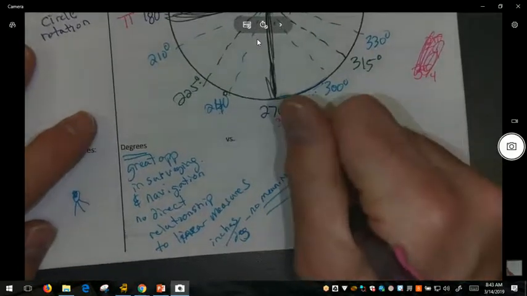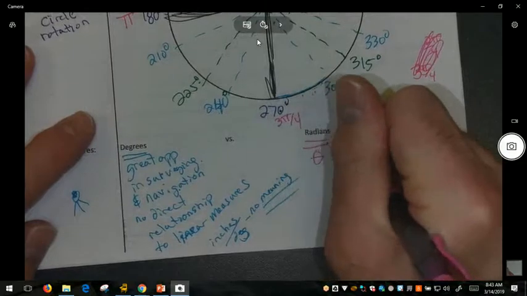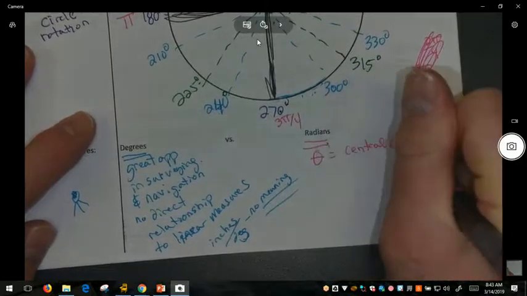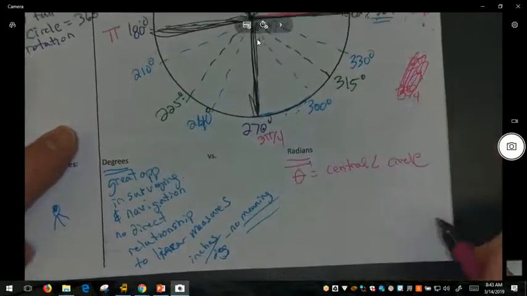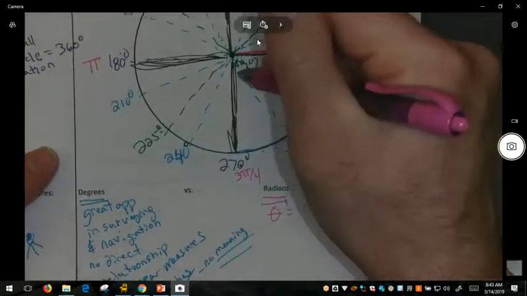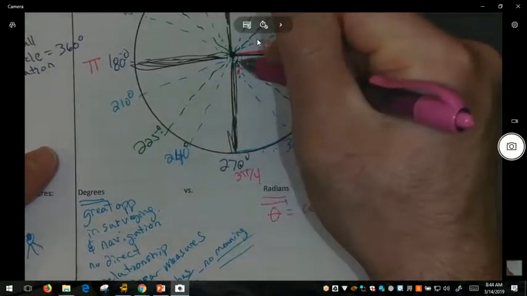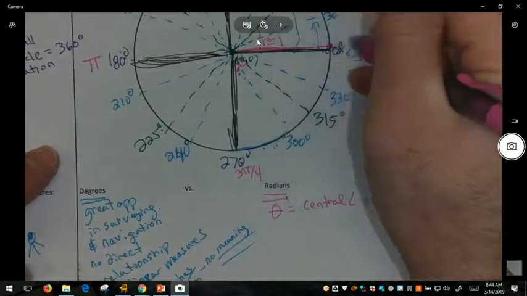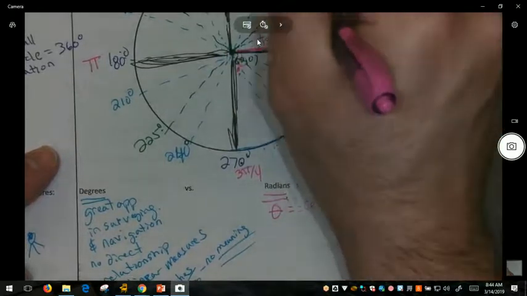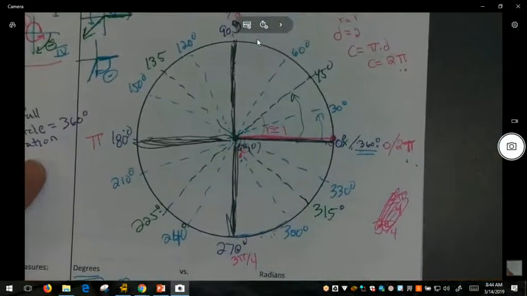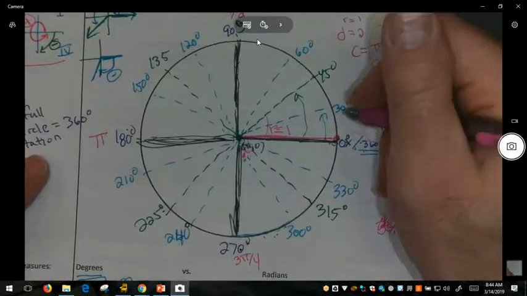Radians, assuming theta is the central angle of a circle. But going back to the fact that in geometry, this central angle right here, let's say this was 90 degrees, this arc was also 90 degrees, but then we had to do a separate formula to find the arc length.